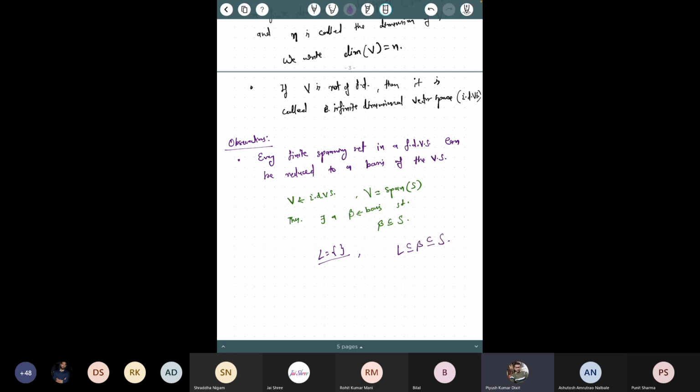Okay, some of these arguments you can discuss among yourselves also, because I have limited time. So let me move forward. The second result is that every linearly independent set in a finite dimension vector space can be extended to a basis.